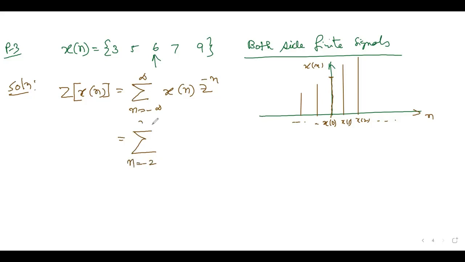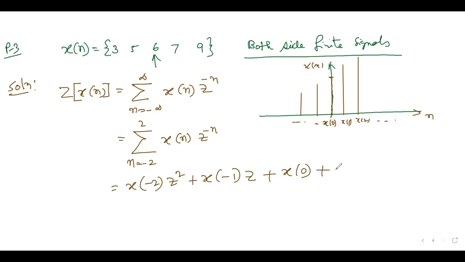That means x of minus 2 z square, plus x of minus 1 z, plus x0, plus x1 z to the power minus 1, plus x2 z to the power minus 2.